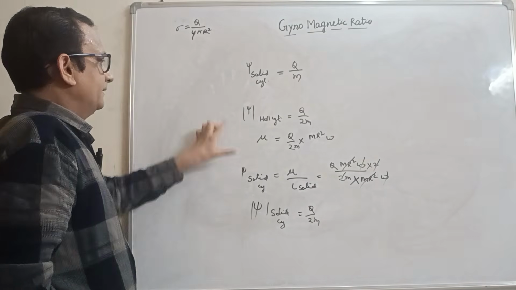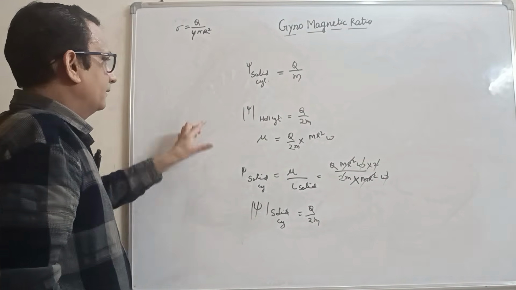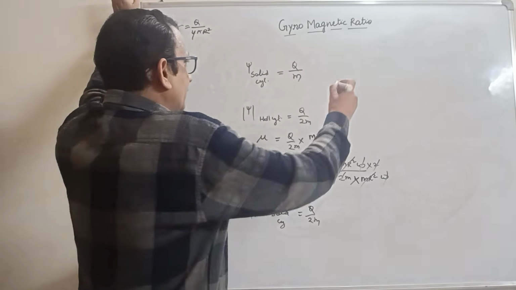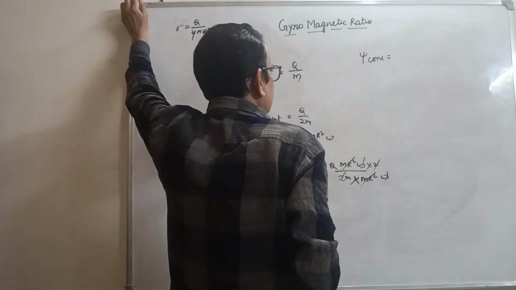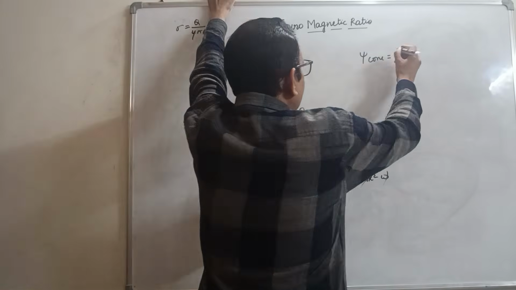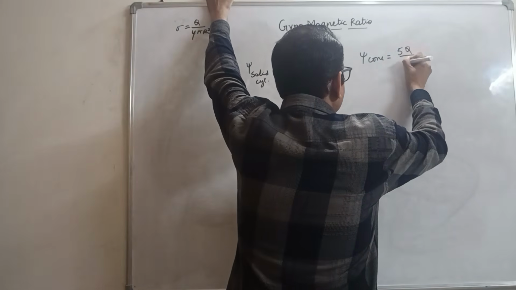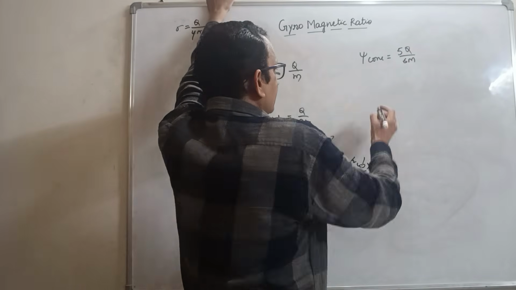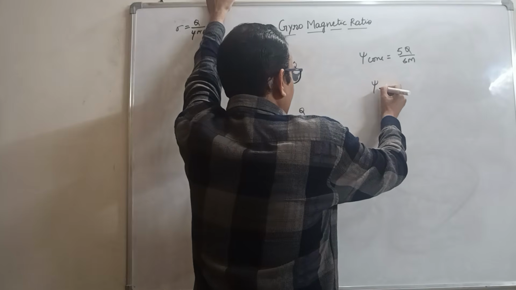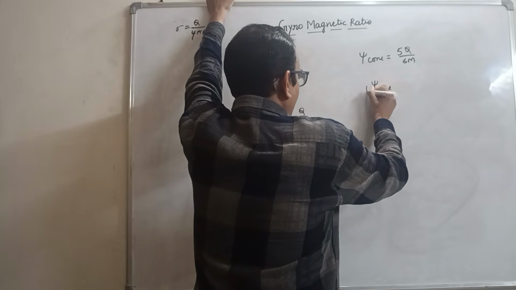Similarly, we find the moment of inertia for the solid cone. For the solid cone this would be 5q by 6m. So we find here the moment of inertia for the hollow cone.